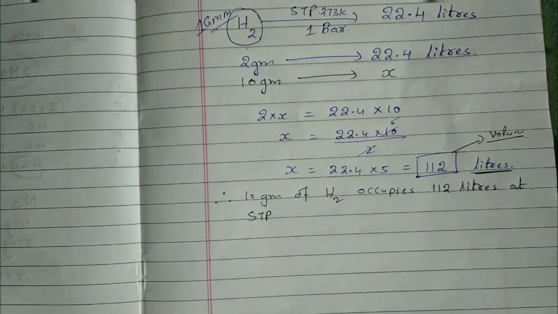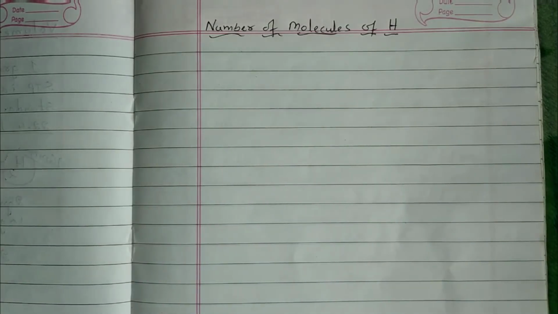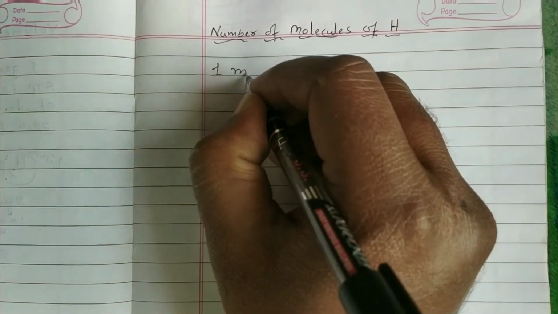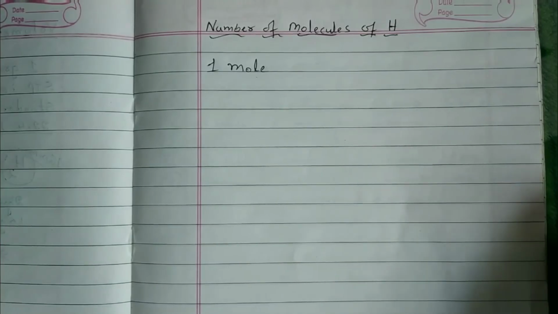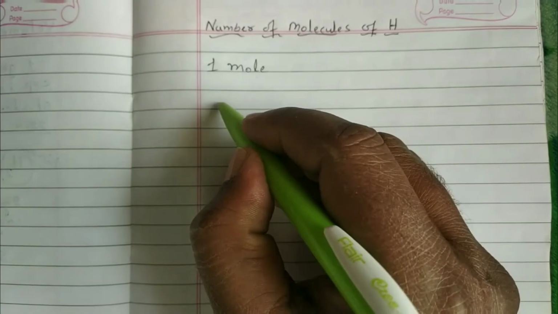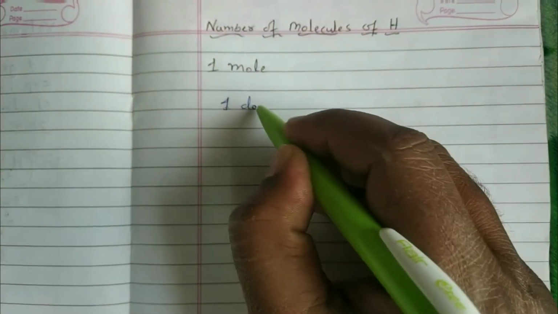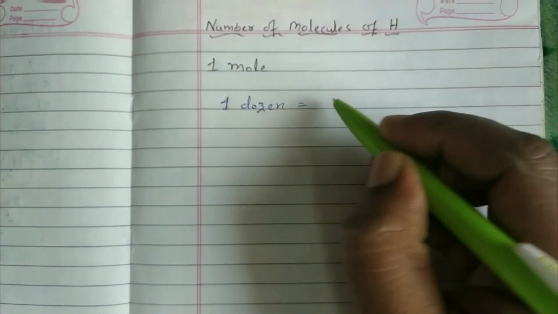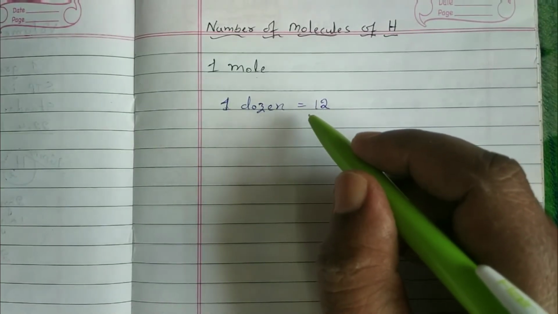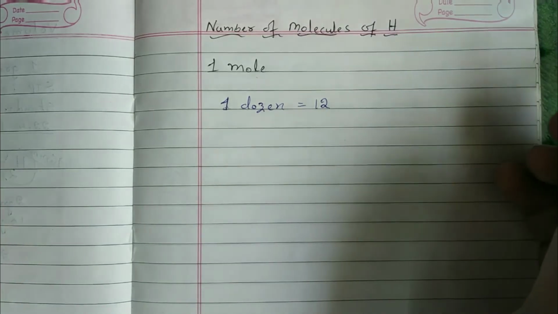Now we will move on to find out the number of molecules. Before explaining how to find out number of molecules, we should understand what is 1 mole. Similarly, for example, if I say 1 dozen, so 1 dozen is equal to 12 numbers, anything, 1 dozen of banana, eggs, oranges, understood?